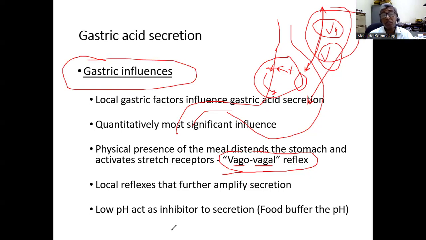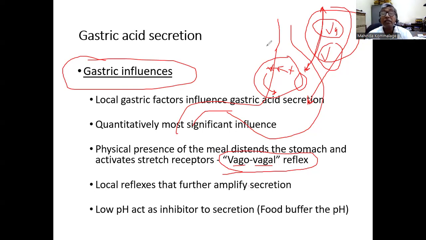And of course, as I mentioned earlier, acid secretion can be inhibited by the local reflex also, other than the reflex activated through the lower part of intestinal influence, through the gastric reflex. This local reflex will inhibit the acid secretion also. As an example, when we digest the food and when we get adequate acid, excess acid secretion might be harmful.